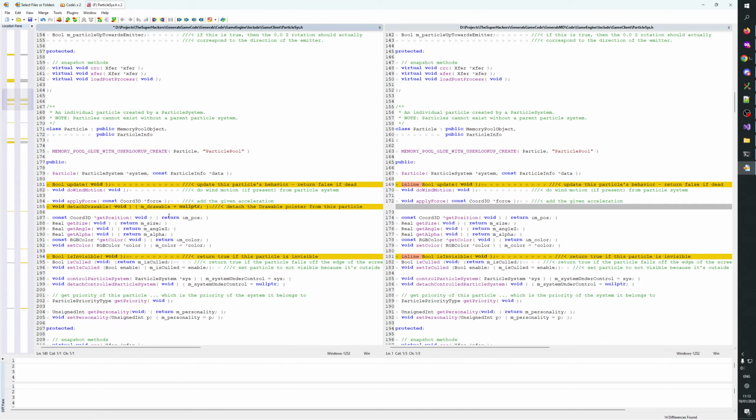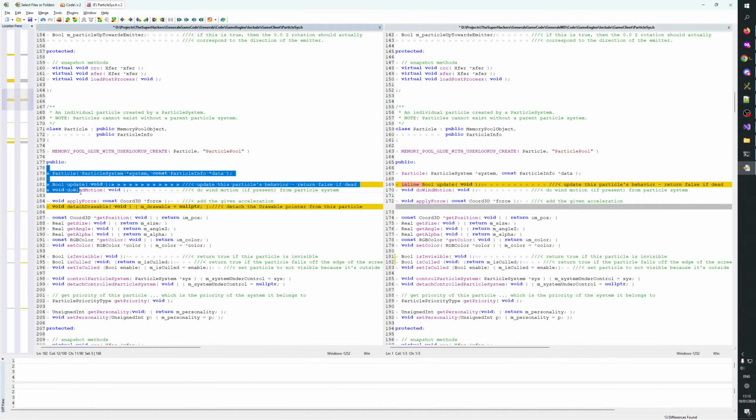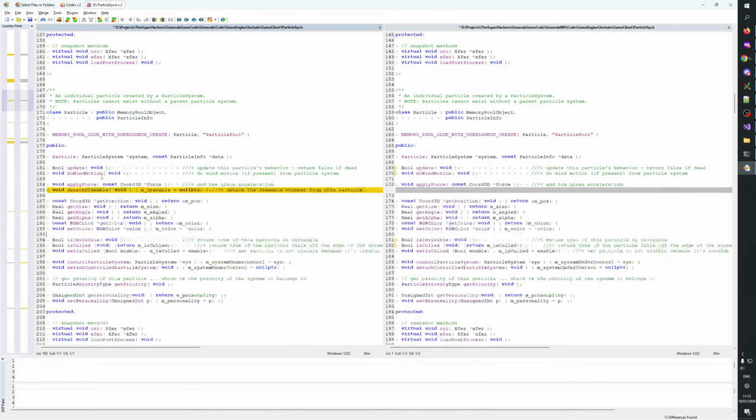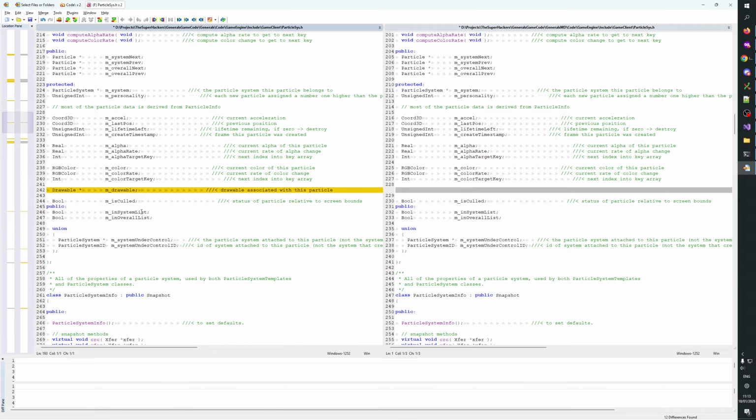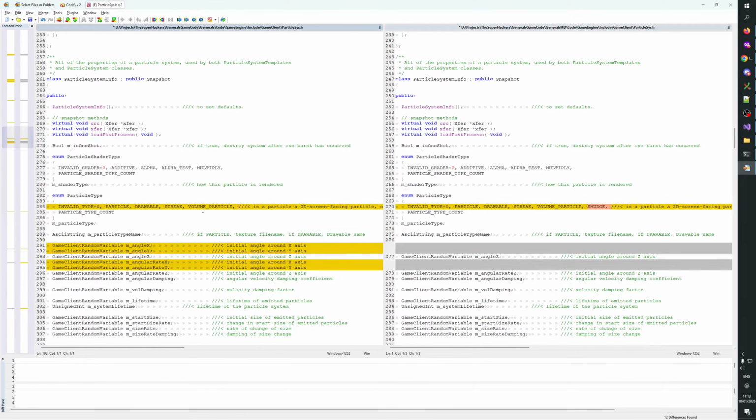Huh. That's weird. Detached drawable. Okay, I think we remove this here and we remove that. That drawable. Okay, drawable associated with this particle. Okay. It also adds a smudge. Okay.